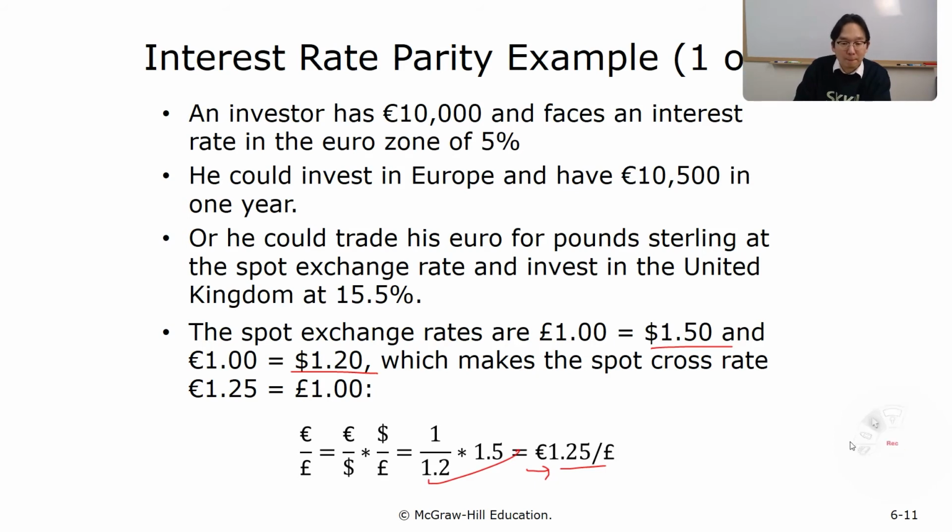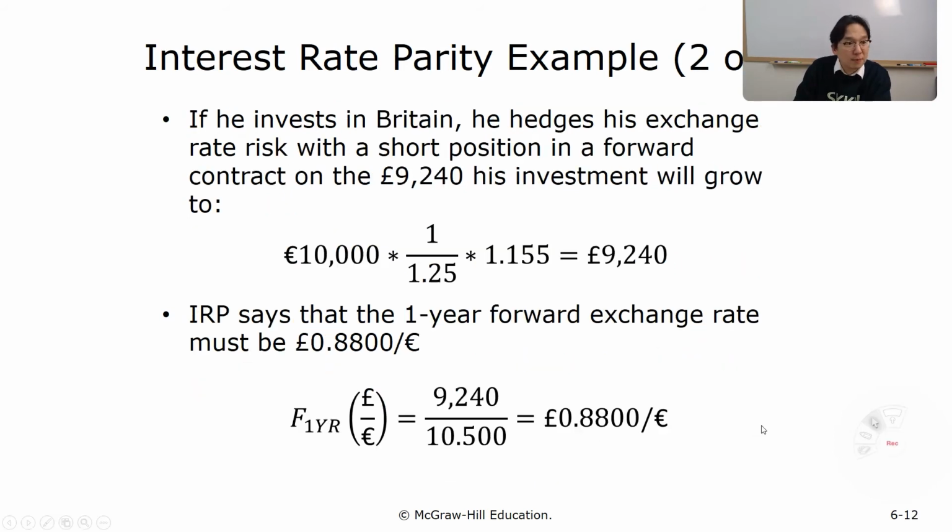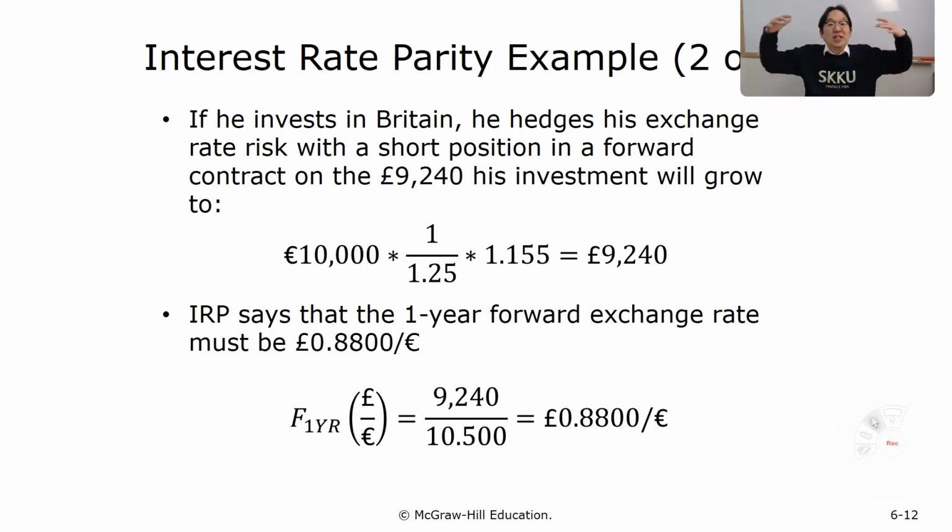Then what? Next, if he invests in Britain, he hedges his exchange risk with a short position in a forward contract. We are hedging, okay? A short position in a forward contract on the 9,240 pounds. His investment will grow, okay?